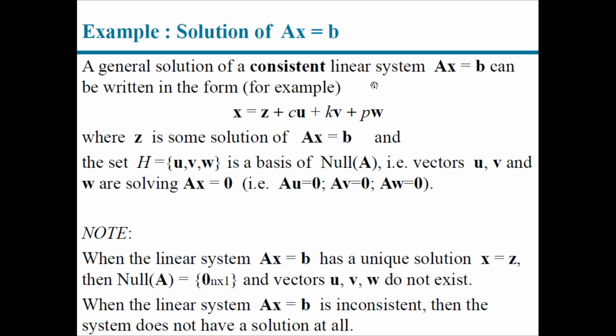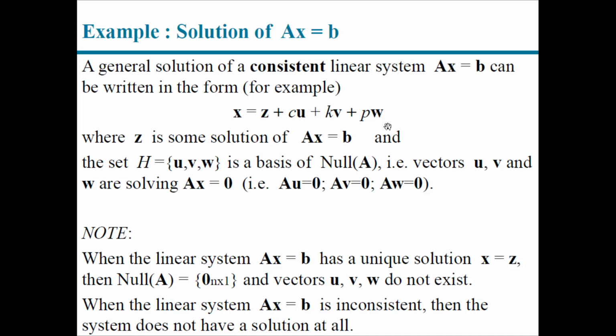Okay, cute. What I know is that the solution x can be written in a very special form. One part, z, that actually solves Ax equal b, so A times z is equal to b. That's what it means. And the other part is a very special part. Here I just took three of them for illustration: u, v, w, and c, k, p are the constants.